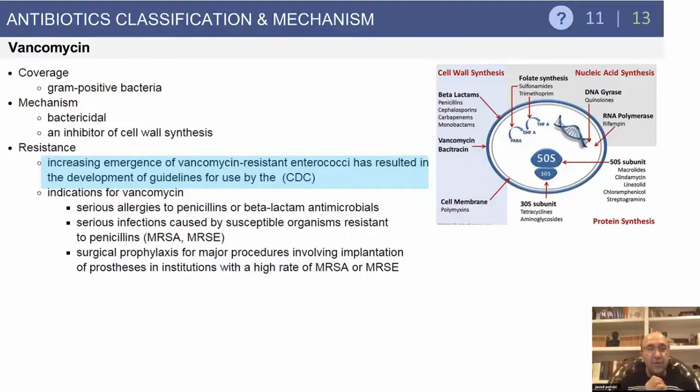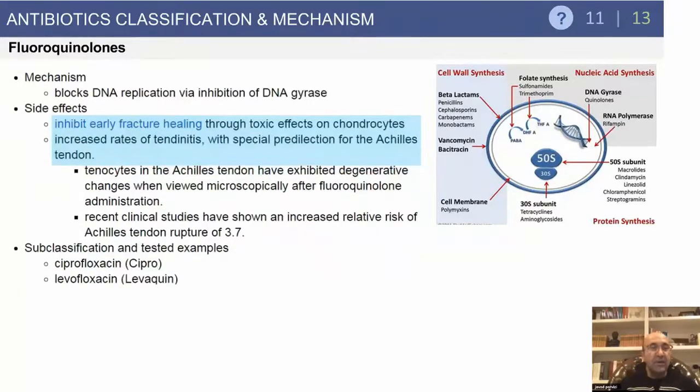Vancomycin also works by inhibiting cell wall synthesis, and vancomycin-resistant enterococci or even Staph aureus have now been isolated. And the gene is VanA, which has been isolated in sequence.